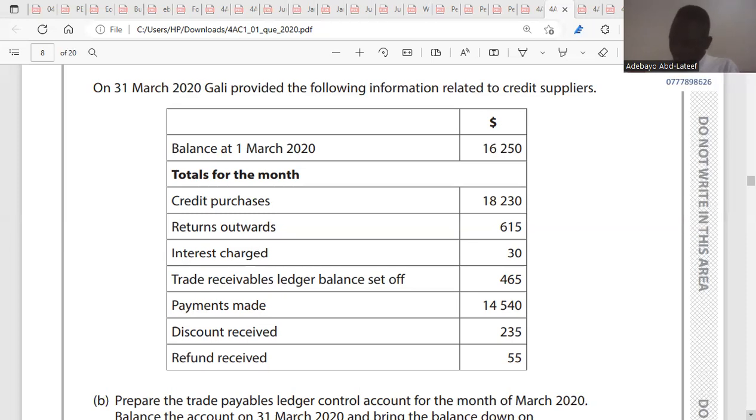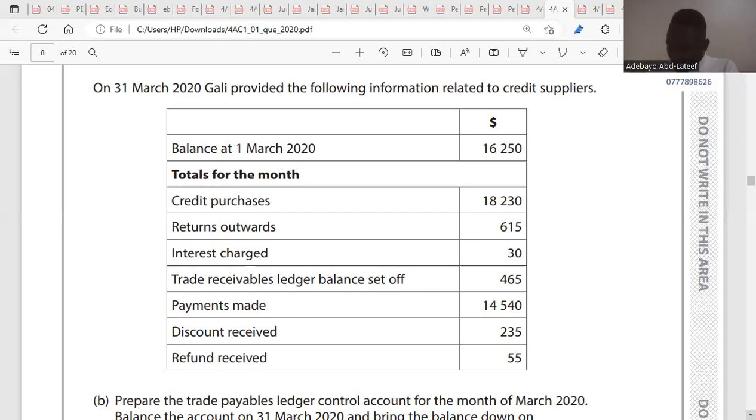So I'll check the credit side now. 16,250 plus 18,230 plus 30 plus 55. Here I have 34,565. So the difference between the credit side and the debit side will be our balance carried down, which will be written on the debit side.